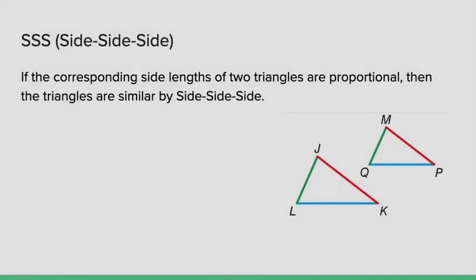Last postulate is side, side, side. And exactly as it sounds, we need information about three sides of one triangle and three sides of the other. If the corresponding side lengths of these triangles are proportional, then the triangles are similar by side, side, side. So we start off by writing the ratio.